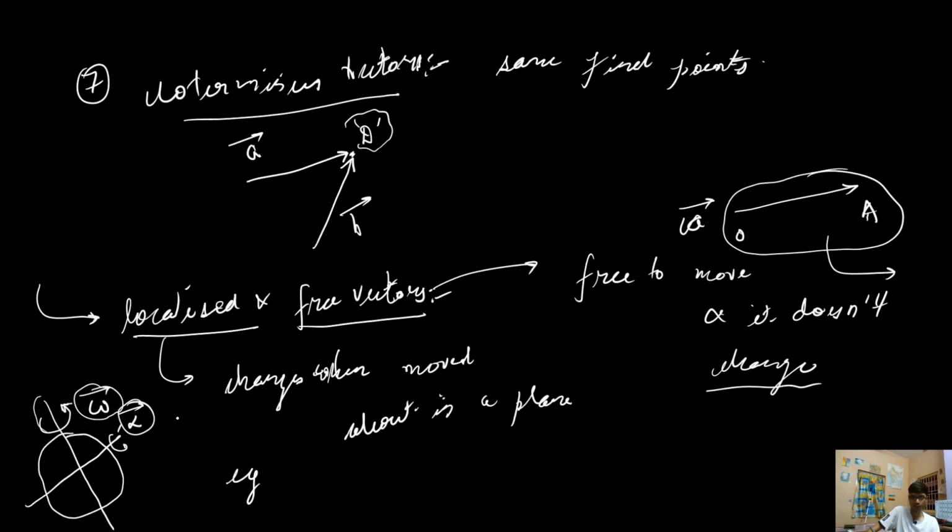Whenever we talk about rotational physics or a rotating body, the values of these vectors change along a direction or axis, which is the concept of a localized vector. If I can move the vector freely about in the plane so that its value remains the same, then such vectors are called free vectors. In mathematics we will study only free vectors.